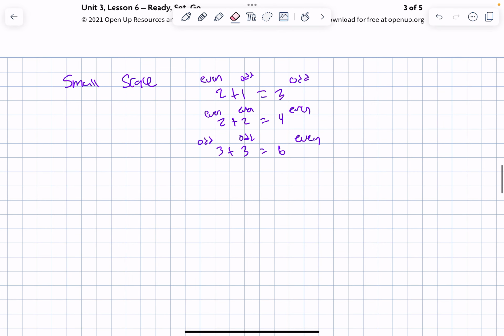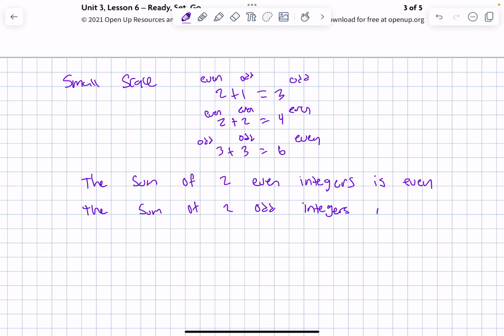So at the end of the day, the sum of two even integers, how do you spell integers? Integers. English is not my first language, okay? Is even. And then we get that the sum of two odd integers is always going to be what?